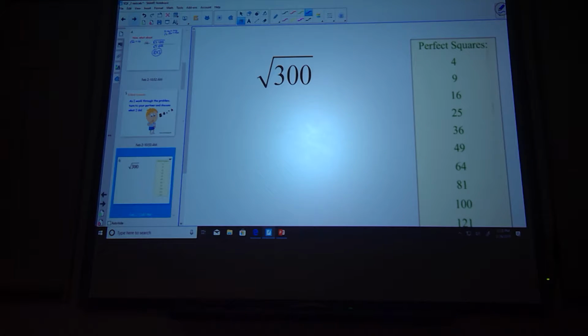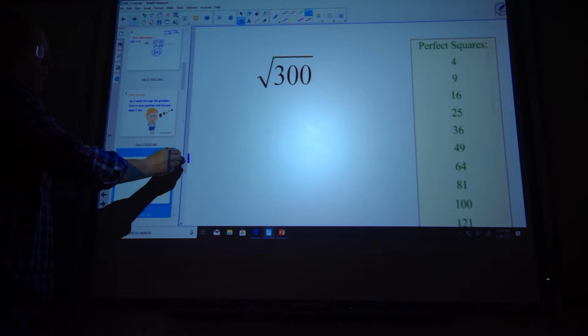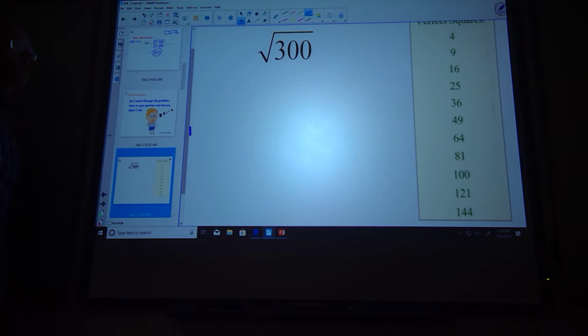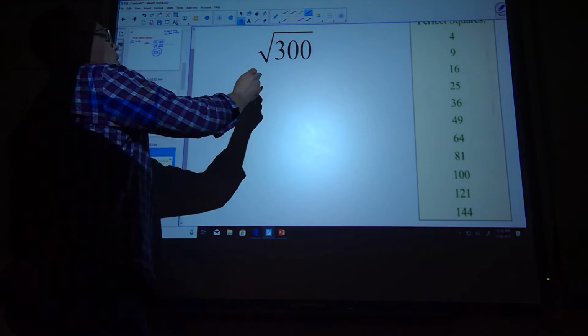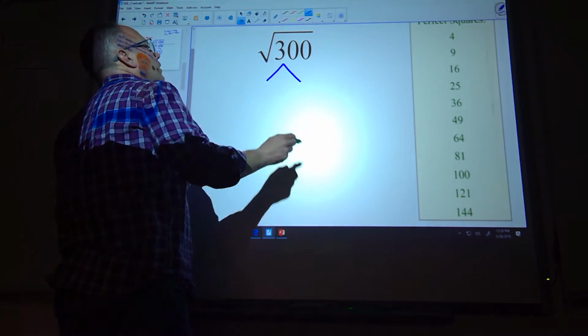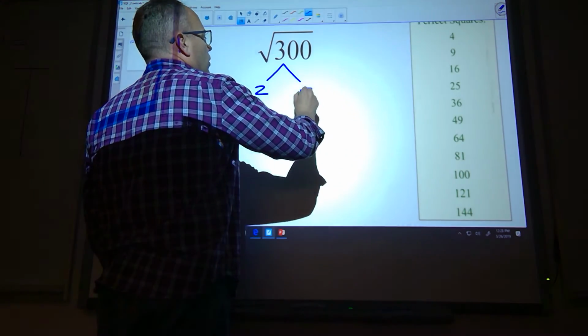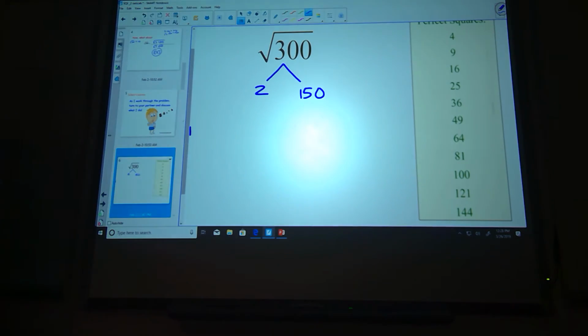Okay, so we used some of these perfect squares in order to make this work. Do you remember seeing something called a tree diagram? Do you remember that a long time ago? A tree diagram is like, okay, what's the smallest number that goes into 300? Well, 2 does. 2 goes into 300 150 times.